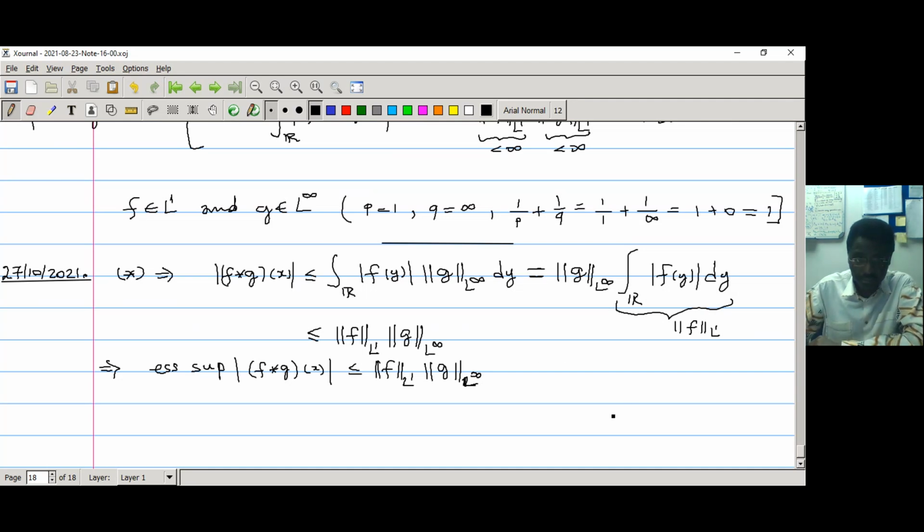It's finite. So I can already say that this implies that F convolution G is in L infinity, right?